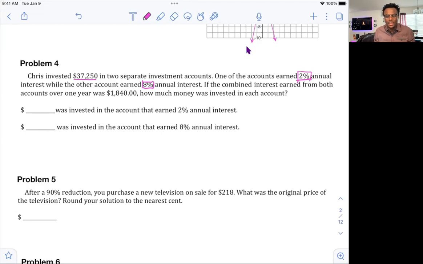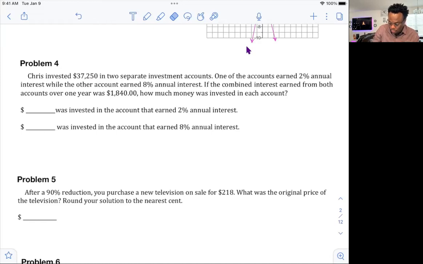So here they say the total amount earned from both accounts at the end of the year is 1,840. Now, let's say that I would call X the amount invested in the account that earns 2%.